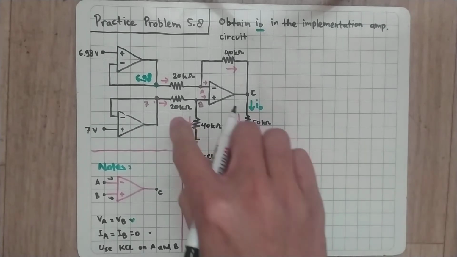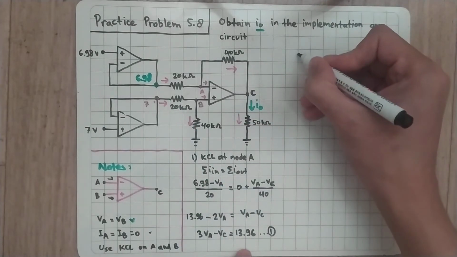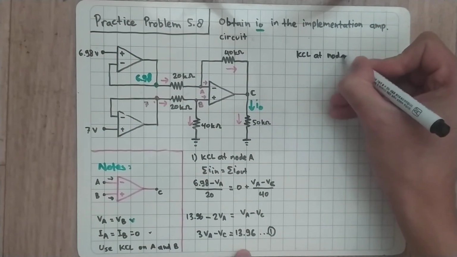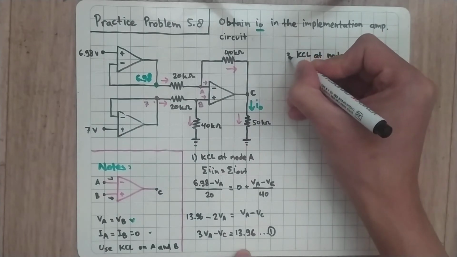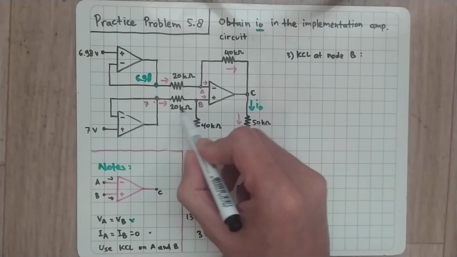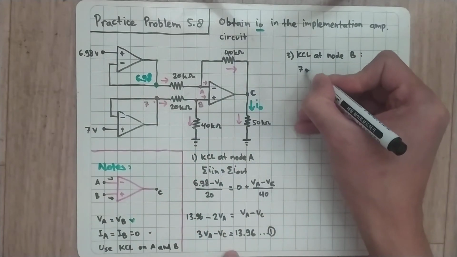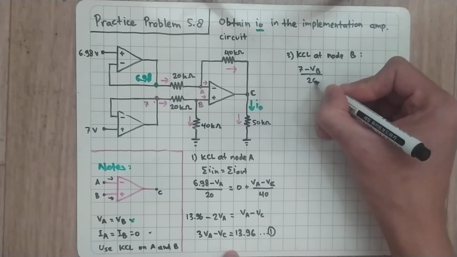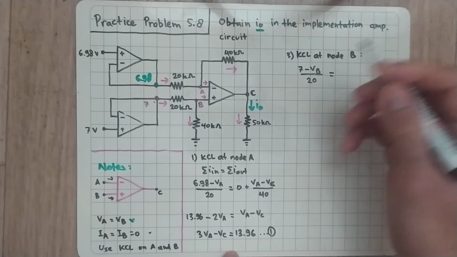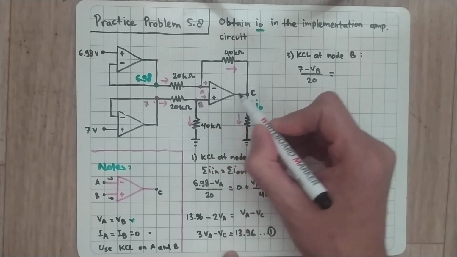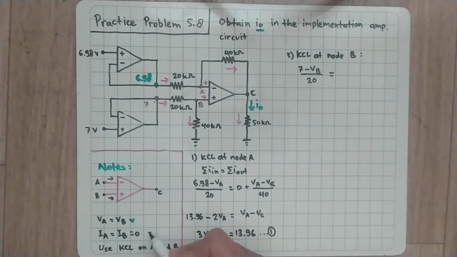Let's do another KCL, but at node B. Okay, first I will have this current going in, so that is 7 minus VB divided by 20, and that will equal to the current that goes out, and this current is going out from node B into the op-amp, and going into the op-amp means that the current is 0, so I'll have 0.